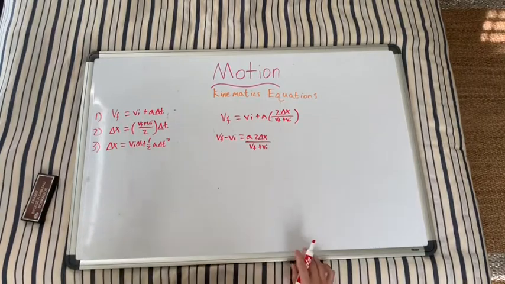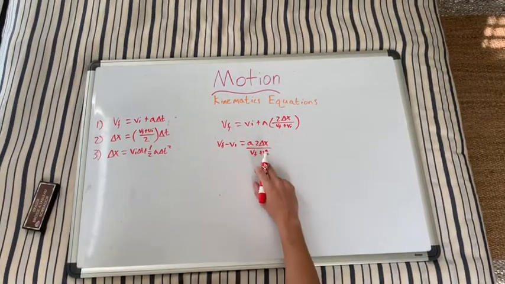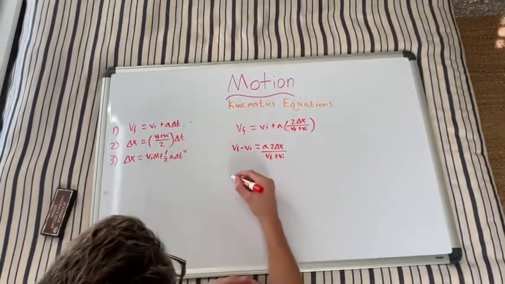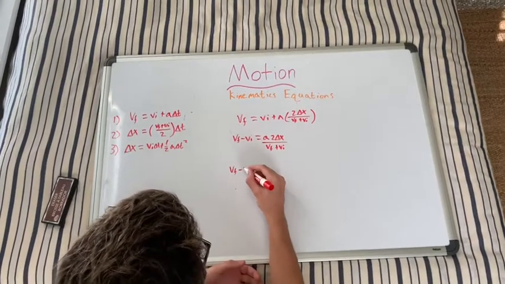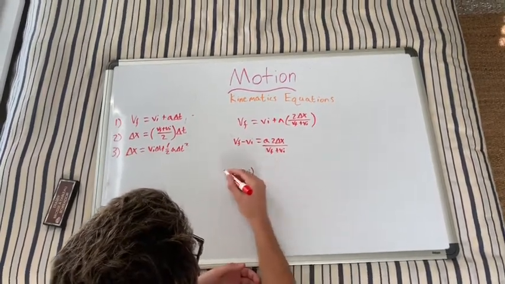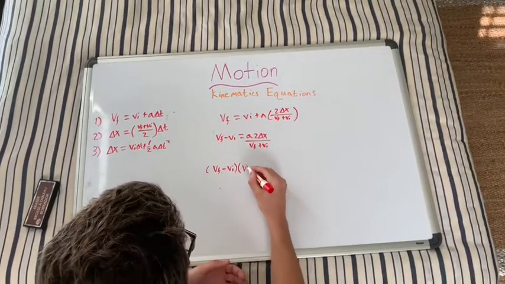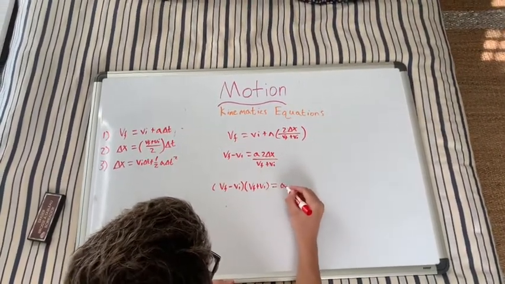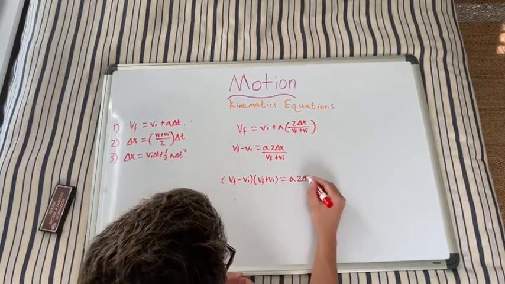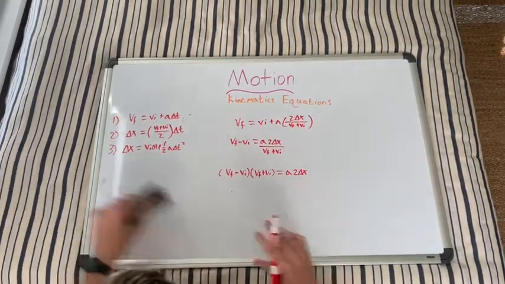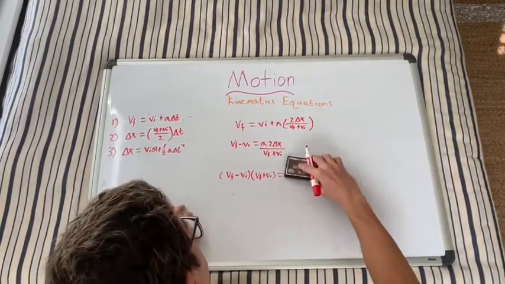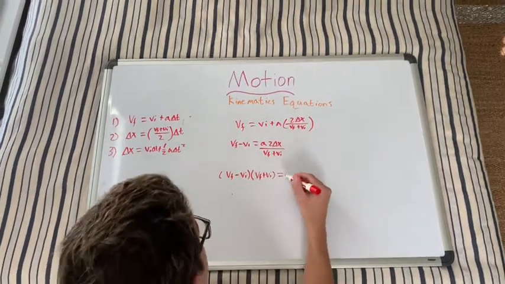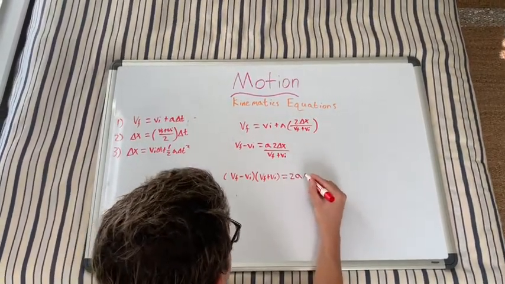Then we multiply by vf plus vi. So it's going to be vf minus vi multiplied by vf plus vi, which is equivalent to 2a delta x.